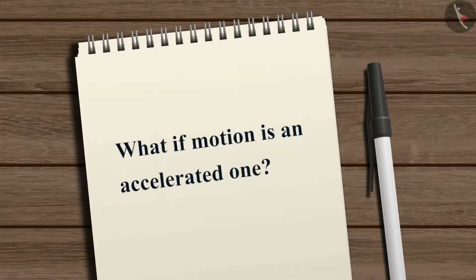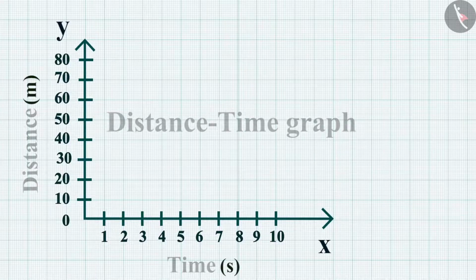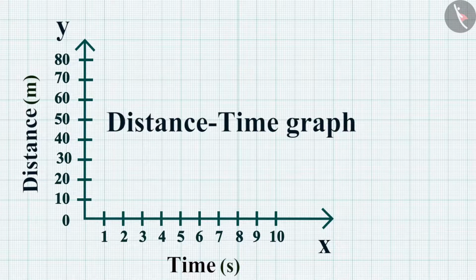What if motion is an accelerated one? We can plot a distance-time graph for accelerated motion as well. Given here is a table which shows the distance covered by the car in the respective time interval. Can you plot the graph using the data in the given table?